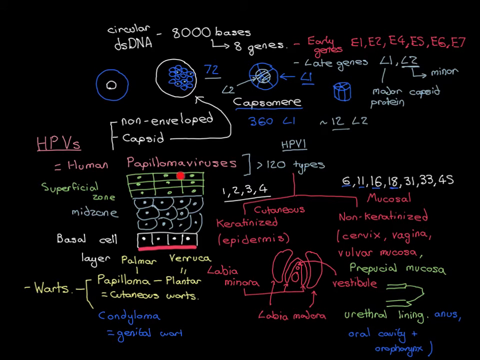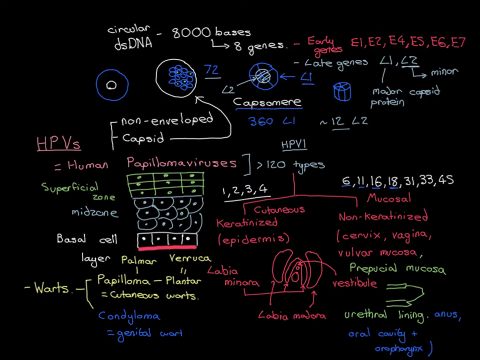By the time you get to the most superficial layer of the superficial zone, these cells will be full of HPV virus particles, and when they're shed off, those shed cells will be full of HPV virus particles. When they're exposed to mechanical forces, they'll break open and the HPV particles will be released.